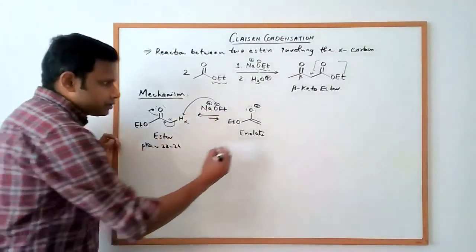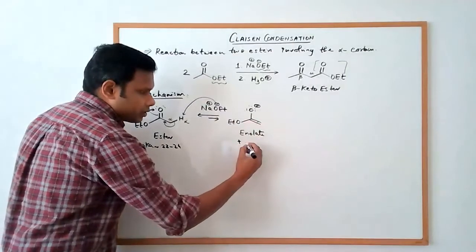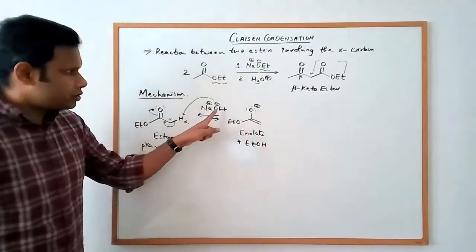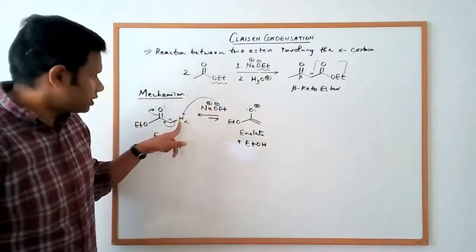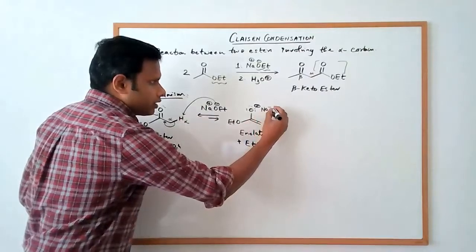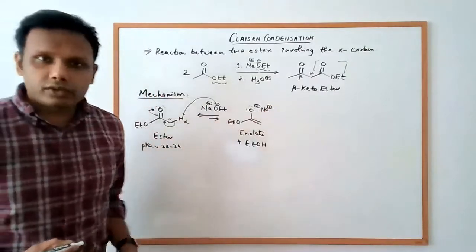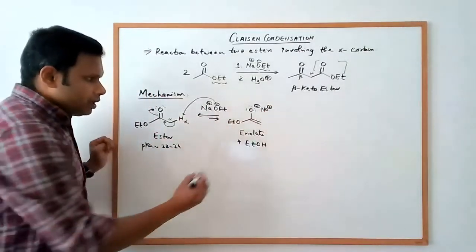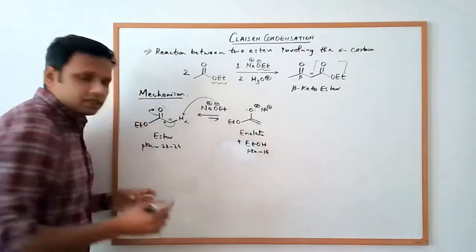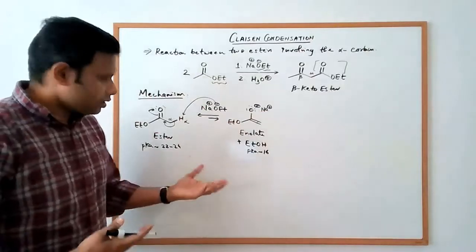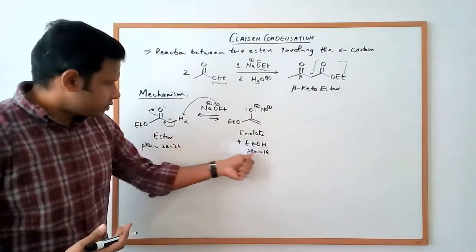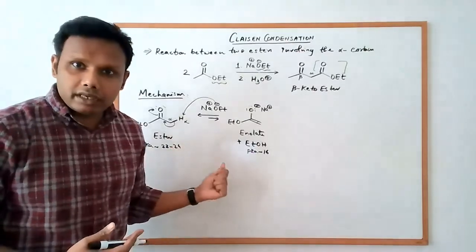And along with this, when you make this enolate, we are going to make ethanol. The sodium ethoxide base, when it deprotonates, is going to become ethanol. The sodium ion is going to be a counter ion for the enolate there. And the pKa for ethanol, to round it off, is around 16. These are approximate pKa values. And so essentially what you notice is that there is a huge difference in pKa's here.